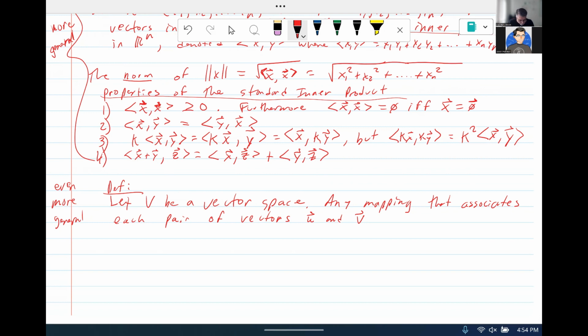That associates pair is called an inner product in V provided the following hold.